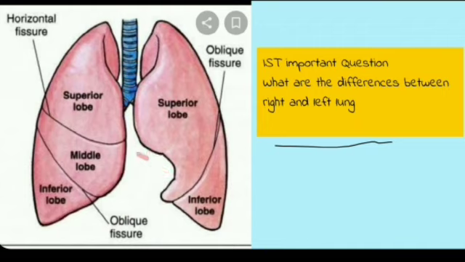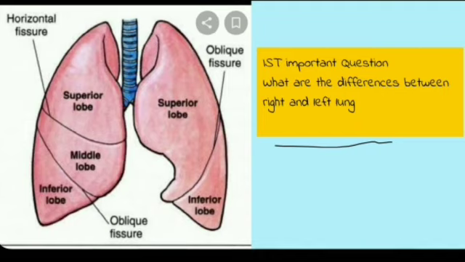So to make space for the heart, the left lung has a notch here, which is called the cardiac notch. So the right lung is shorter and wider, and the left lung is longer and narrower.